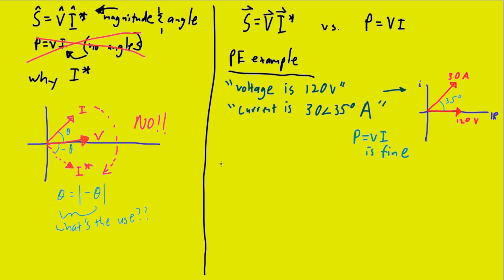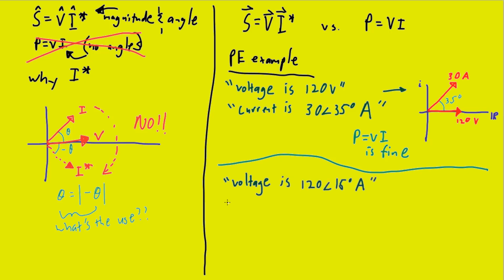However, occasionally the PE will test your knowledge of the conjugate. And the way you know they're doing this is they'll give you questions with voltage angles in the given values. So, if in the same question the current angle is given also, you should be aware these angles are absolute and not relative to each other.